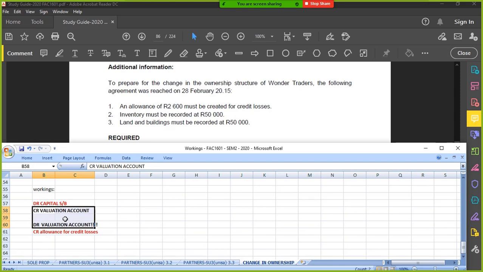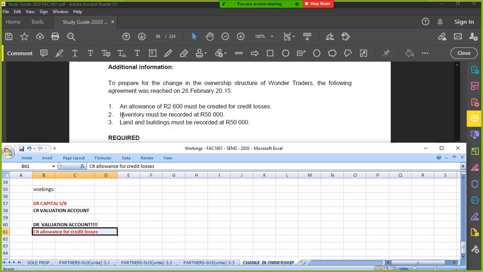The reason I'm showing you both is that if you have to draw up T accounts or record this in the accounting records, you have to show both sides, because every debit has a credit. But the valuation works itself out. So you don't actually see the valuation, but you see it as a working. To get the working, you need the debit there and the credit there. So it's worthwhile to keep it separate.